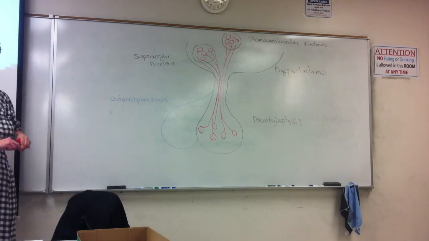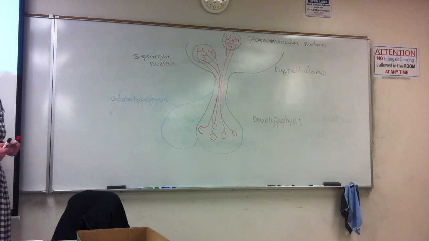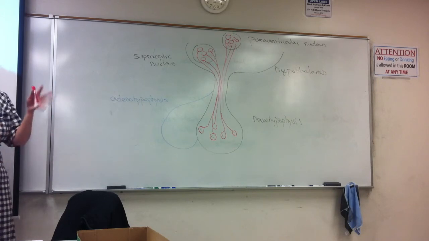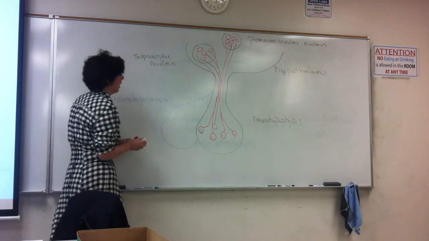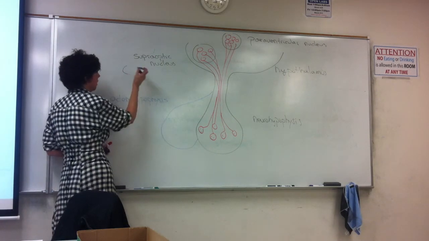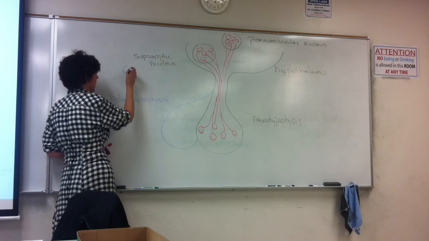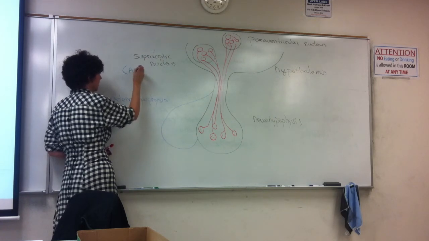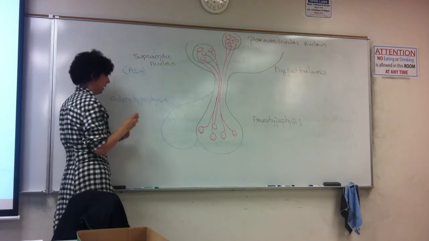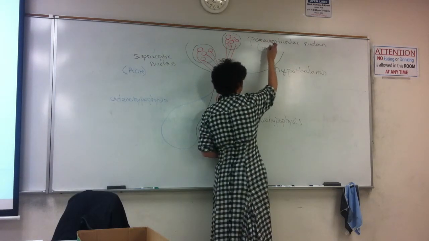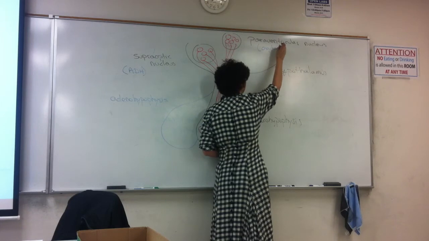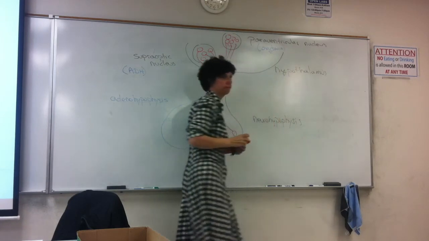So you might find synaptic vesicles from the supraoptic containing oxytocin. They're associated characteristically with particular ones. So the hormone associated with supraoptic is antidiuretic, and the hormone characteristically associated with paraventricular is oxytocin.